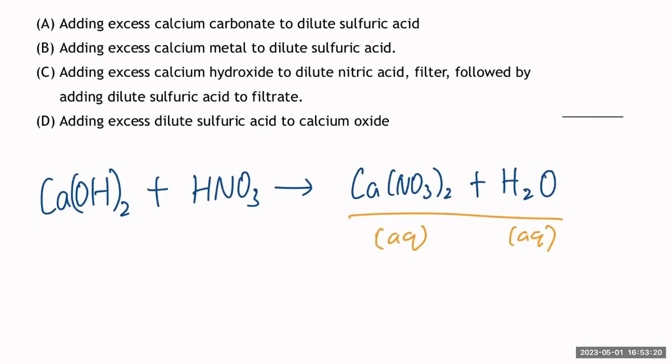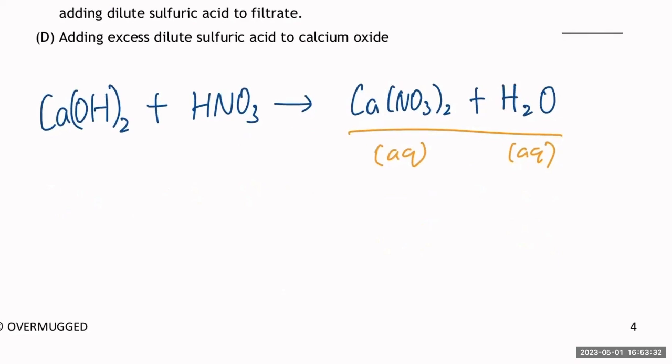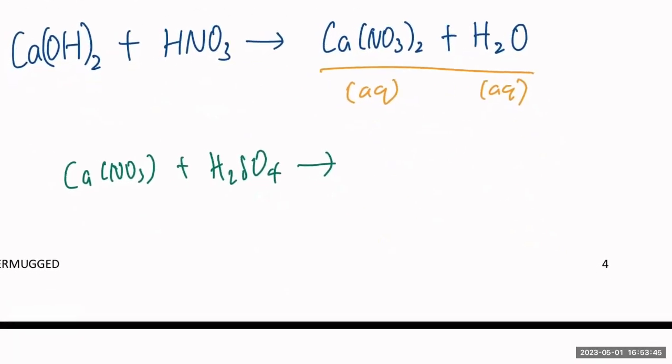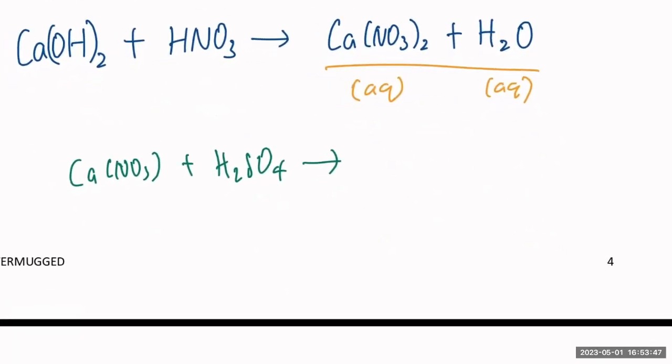Here, we are looking at calcium hydroxide. Sometimes it is sparingly soluble. So if you do have solid particles left inside there, I do not want it. I want to ensure I get only my calcium nitrate. Then later on, with my calcium nitrate, I will have my displacement reaction. I will swap partners. So I get back.